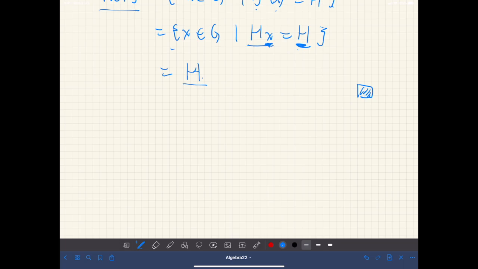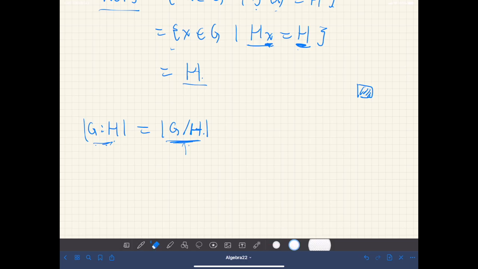Now let's note this. If H has a finite index, so this is basically the number of cosets of H in G, then this is actually equal to the order of G by H. So the number of cosets is the number of elements in this, because this is defined as the set of cosets.